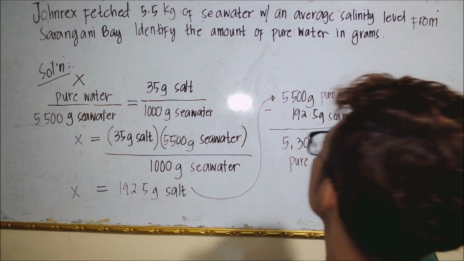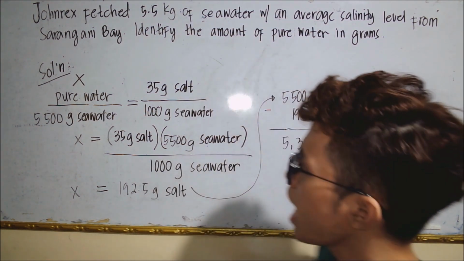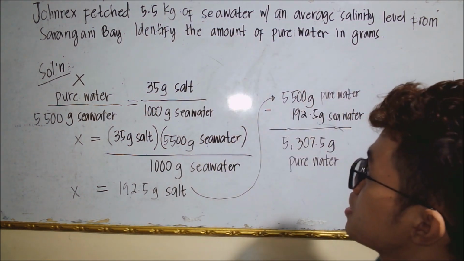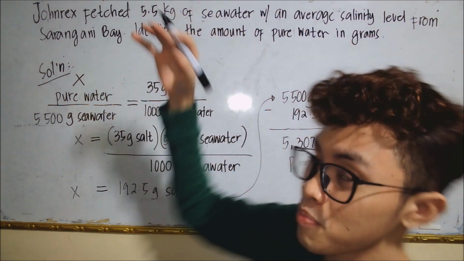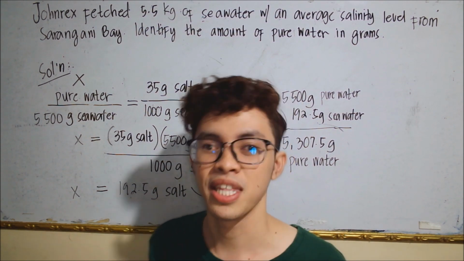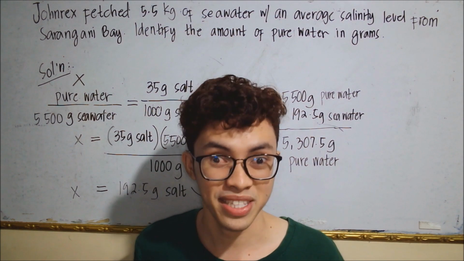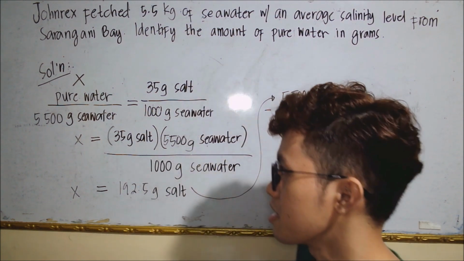Identify the amount of pure water in grams. So our problem here is we will identify how much pure water is in that 5.5 kilograms of seawater from Sarangani Bay with a regular salinity value, which is 35 parts per thousand. That's our problem.